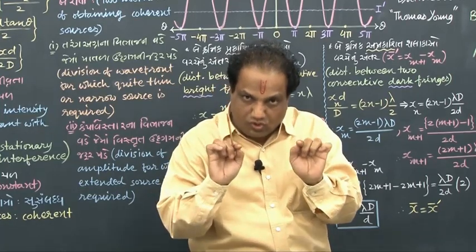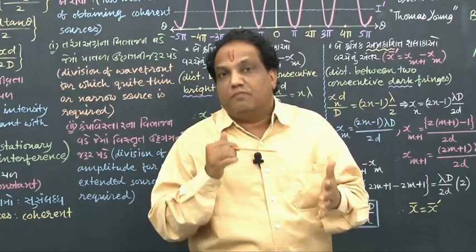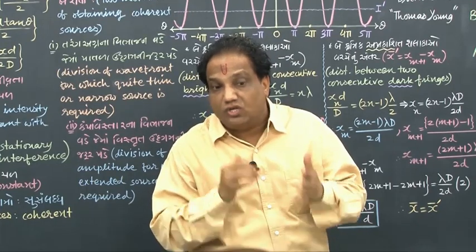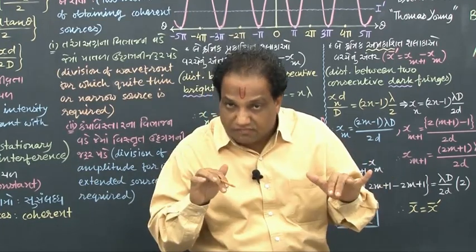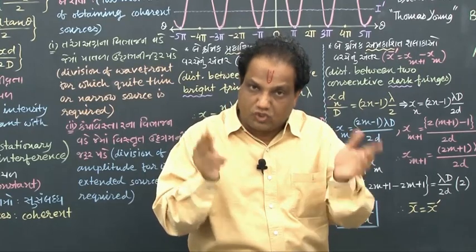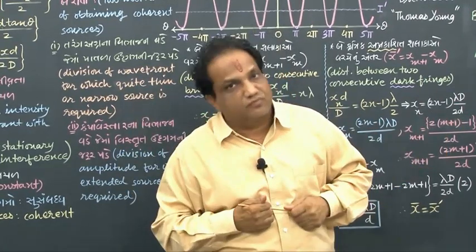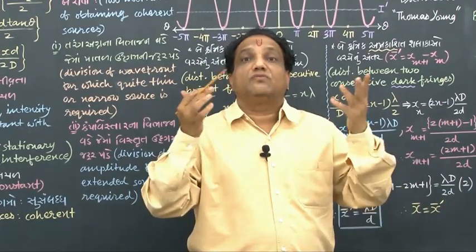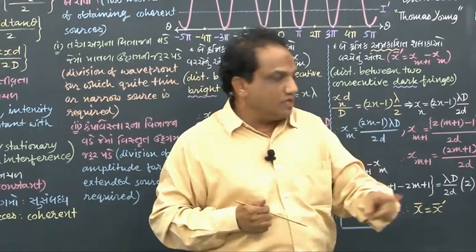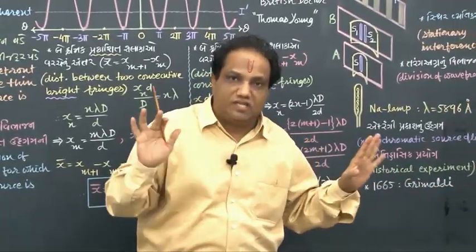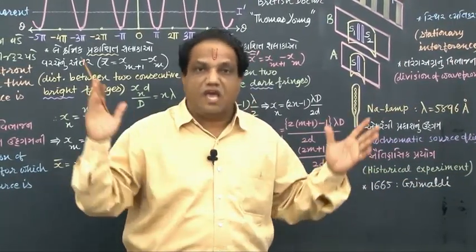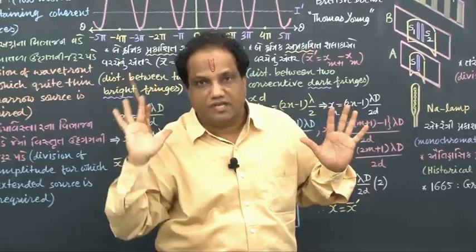No doubt those two holes will become sources of light, but sunlight is also having non-coherent waves in it, and because of superposition of non-coherent waves having constantly changing phase difference between them, naturally you will not have stationary interference. So, Mr. Grimaldi actually did not get stationary interference, correct? He got average values of intensity on the screen, okay?